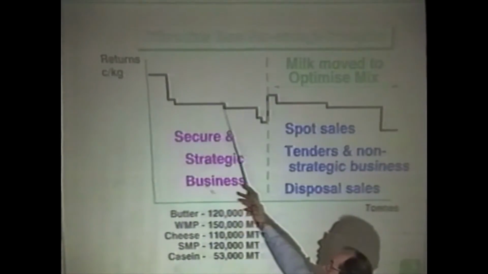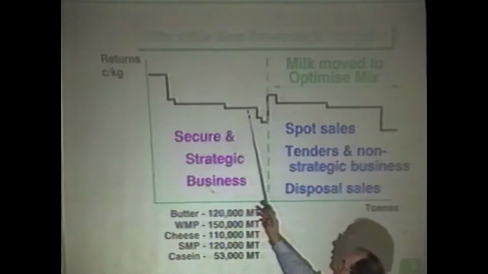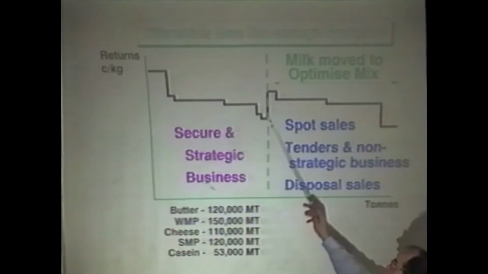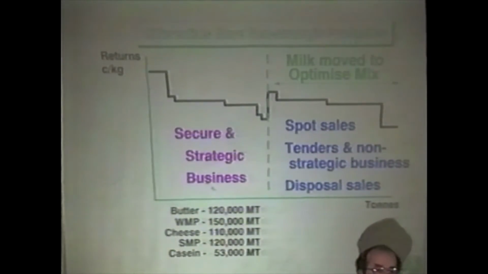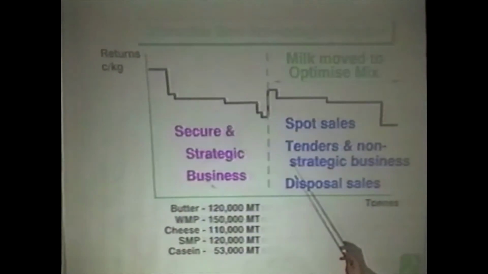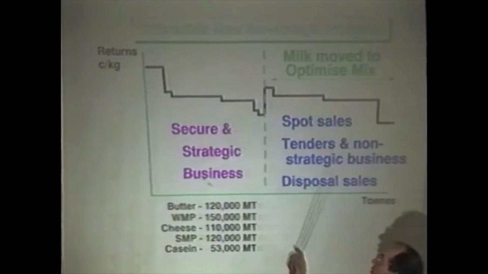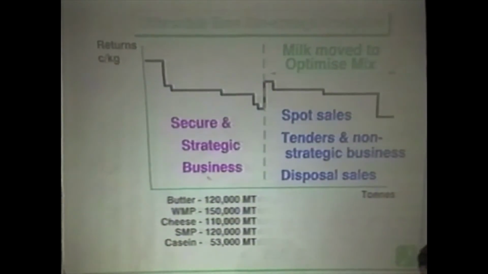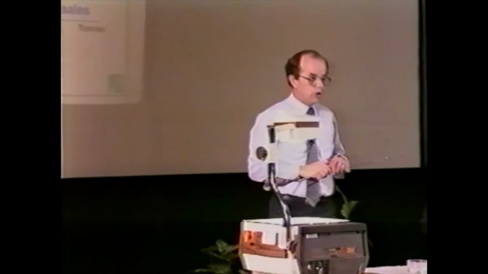The sorts of allocations, of course, are the quota markets, New Zealand cheese sales, milk powder to recombining plants, and some of the newly developing markets that we're chasing, even though the returns this year aren't even up to average, but we're in them for the long haul. These would be regarded as strategic business. On the spot business, we might have, as we had towards the end of last season, an opportunity for skim milk powder to Japan at a very good price.